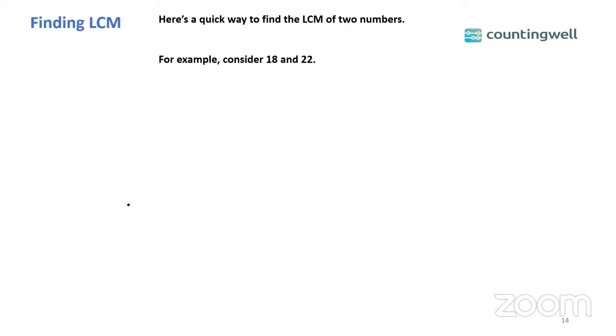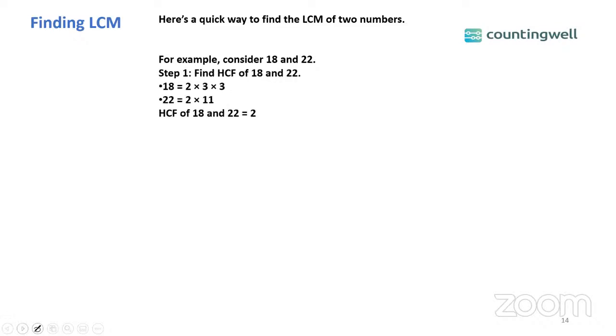Now let us see one trick to find LCM of two numbers. For example, consider 18 and 22. The first step is to find the HCF of 18 and 22. See that the prime factorization of 18 is 2 into 3 into 3.